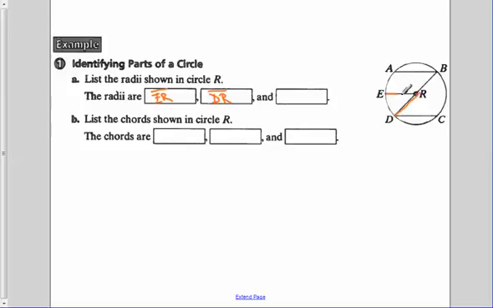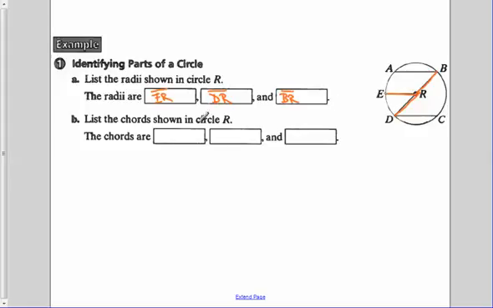And our last one we can have as BR, where we go from this outside point to our center. All these are going to be the same value, the same distance. They're all going from the center to the outside of the circle.